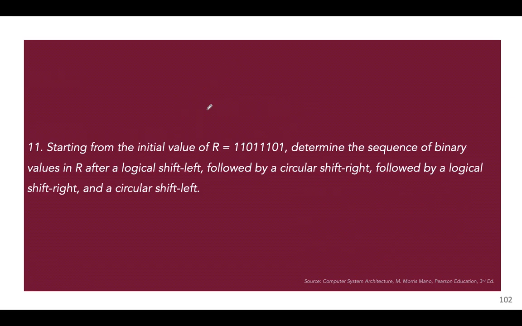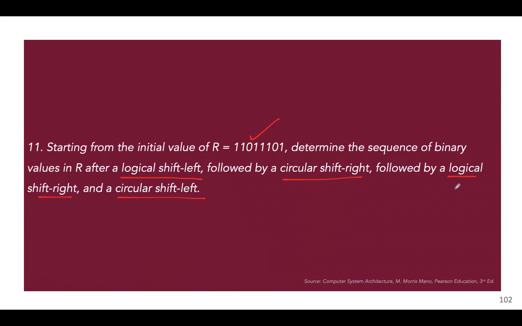Okay. Now, starting from the initial value of a given register, determine the sequence of binary values in R after a logical shift left, followed by a circular shift right, followed by a logical shift right, and a circular shift left. That's all you have to do. On this given number, first perform logical shift left. On that number, then perform circular shift right.